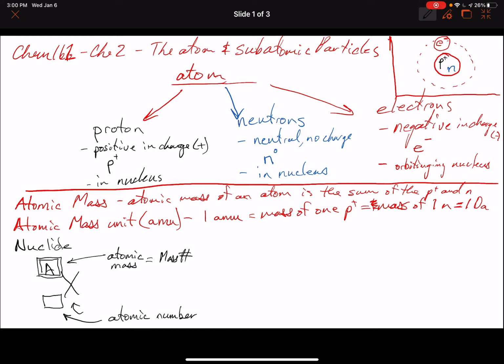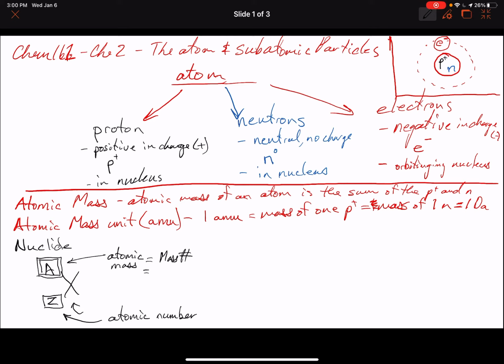And so this number is given the letter Z. Okay. So on the atomic mass, based on our definition for counting subatomic particles that have significant mass, you can see that this mass number is equal to the sum of the contributions from the total number of protons and neutrons.